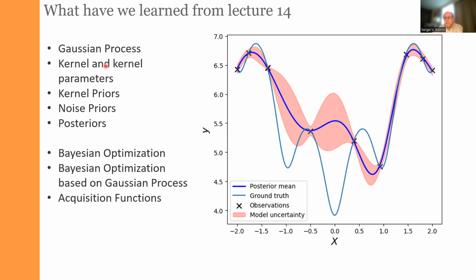So we looked a little bit under the hood of Gaussian processes, so what is the kernel and kernel parameters. And we particularly focused on the role of the kernel and noise priors in the way the Gaussian process converges. The reason why we did it is because there is a general statement that a Gaussian process will always discover the true value of the function.